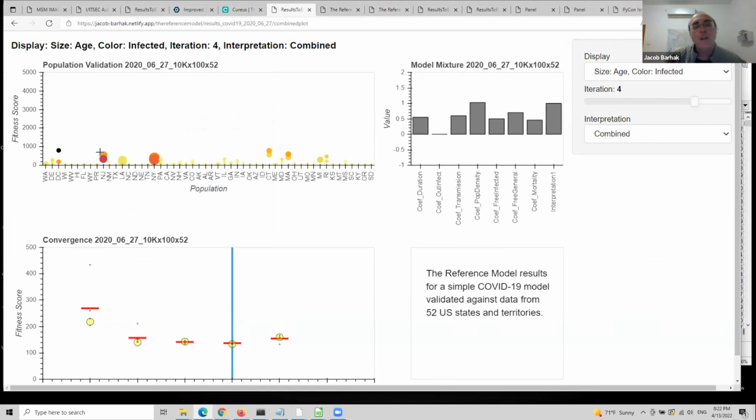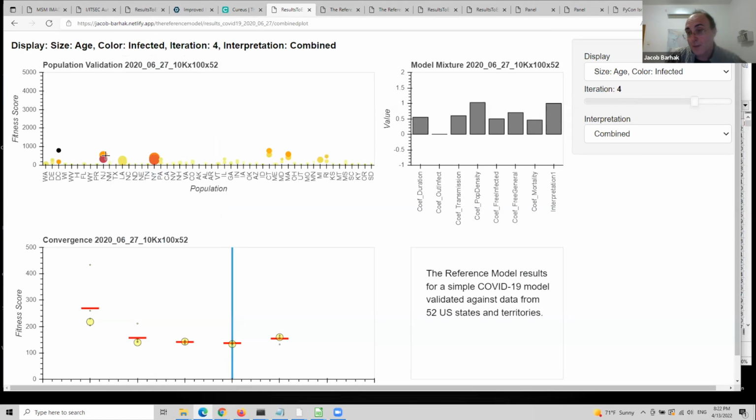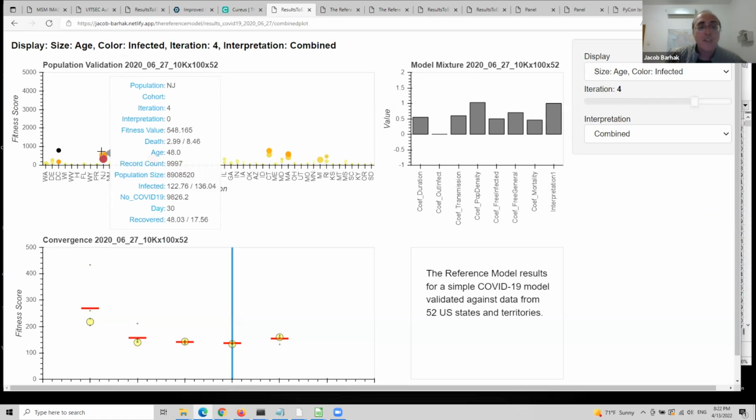Each circle here represents a state or a territory from the US, and each circle gives information per time step.